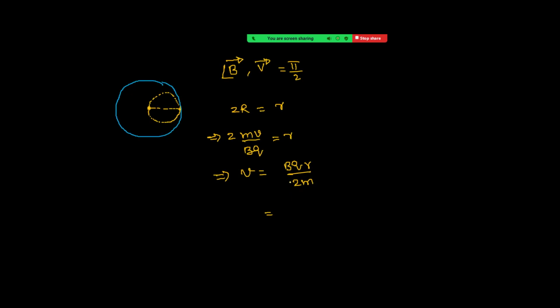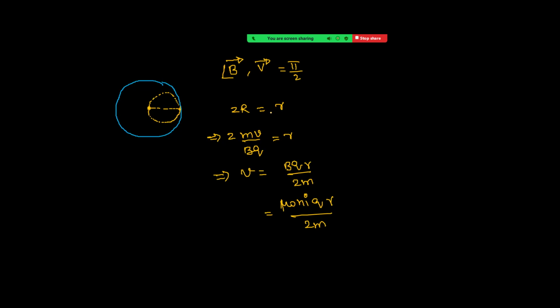Now in this, you can see the B value. Inside the solenoid, B equals mu naught Ni, right? Substitute that here: mu naught NiQr upon 2m. So the only condition is that 2R should be less than or equal to.